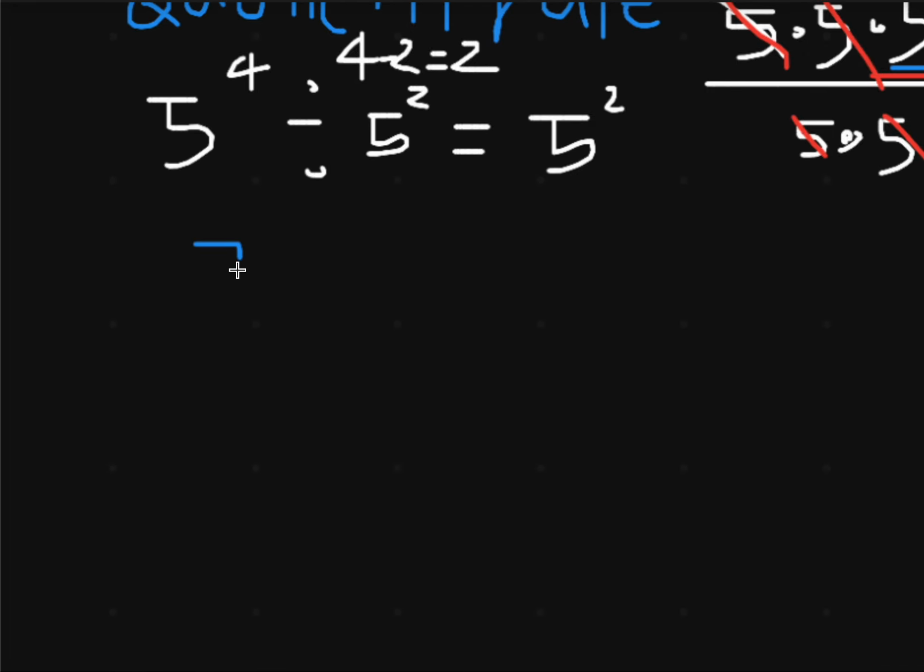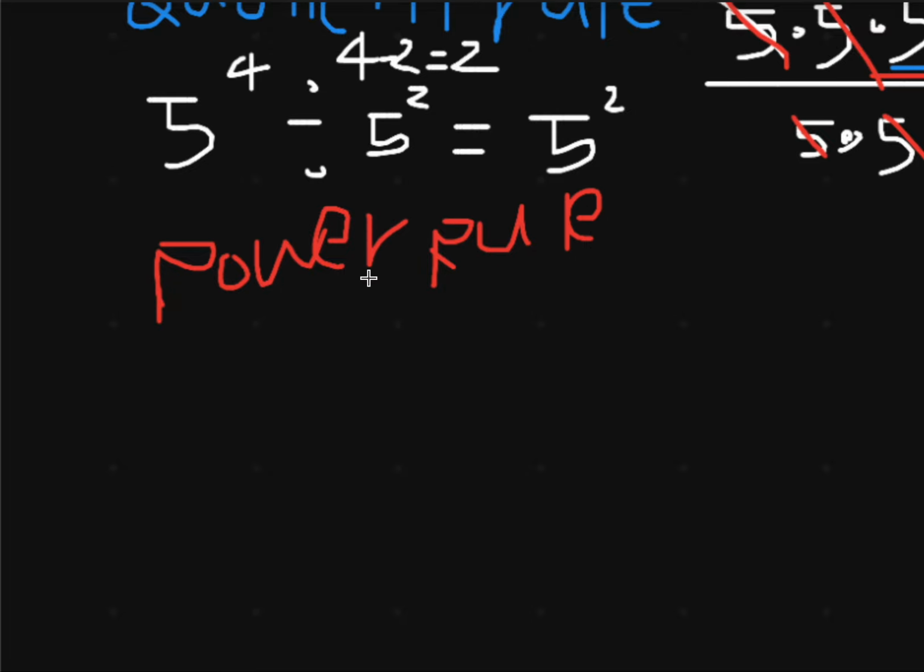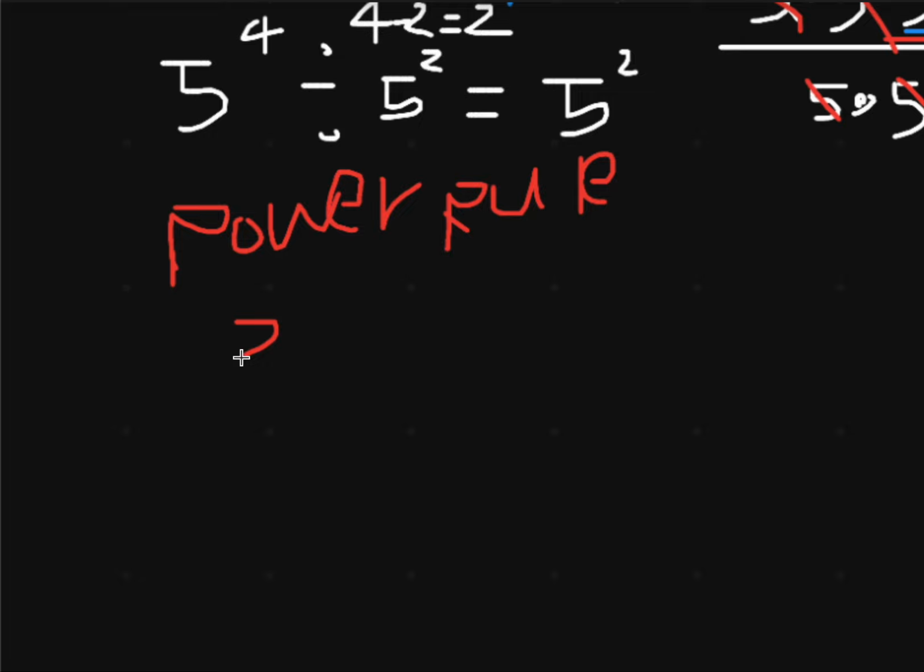Now we have, I'll use a different color, red. Now we have the power rule. If you raise a power to another power, what would you do? So 3 to the power of 2, all to the power of 3. What would you do? Would you do 9 to the power of 3?